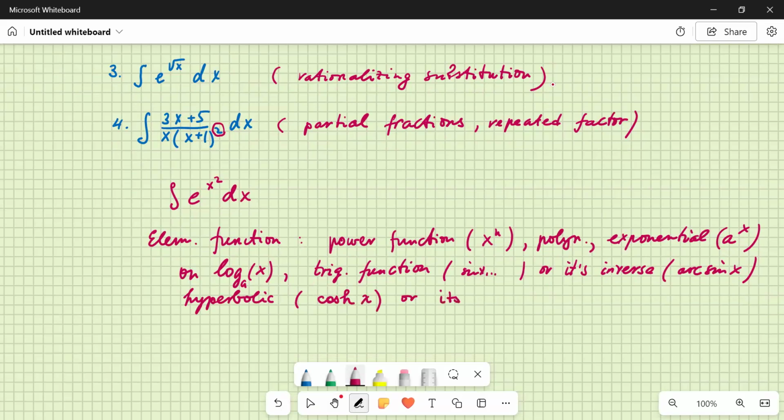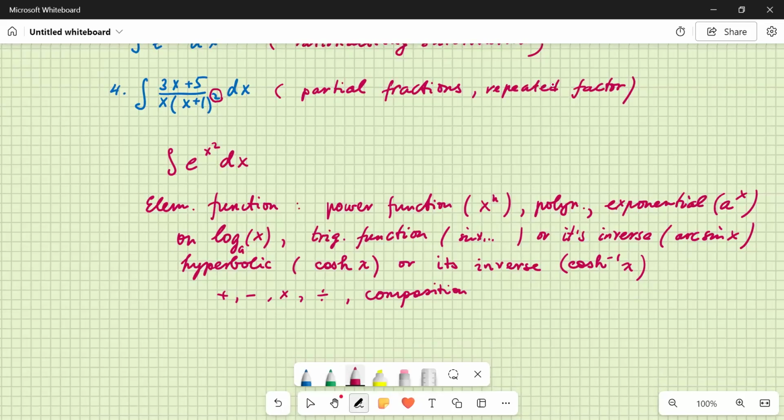Or its inverse, cosine hyperbolic inverse of x, right? What else can it be? Also, we can combine all these functions using addition, subtraction, multiplication, division, composition. This way we can obtain lots of different functions. They are called elementary functions.